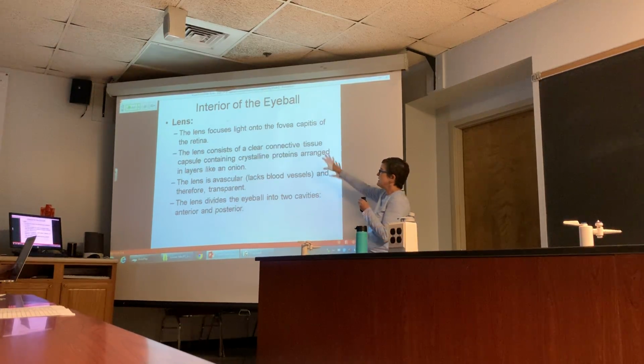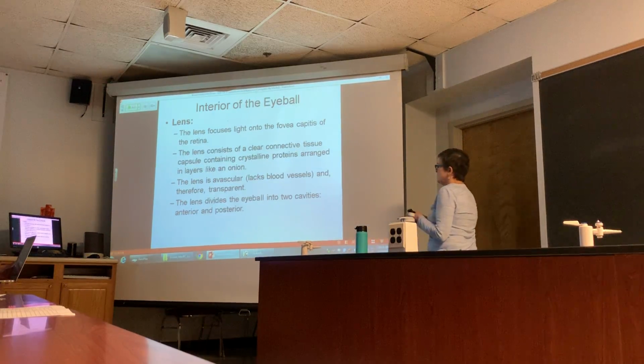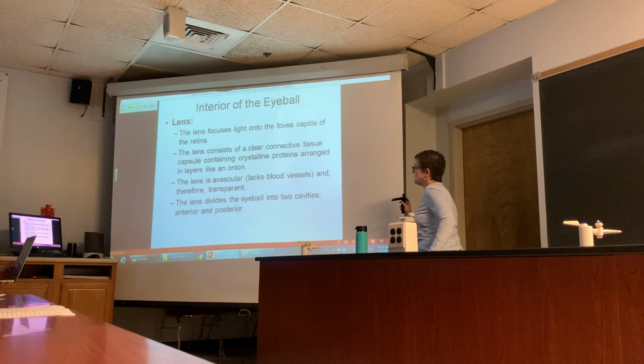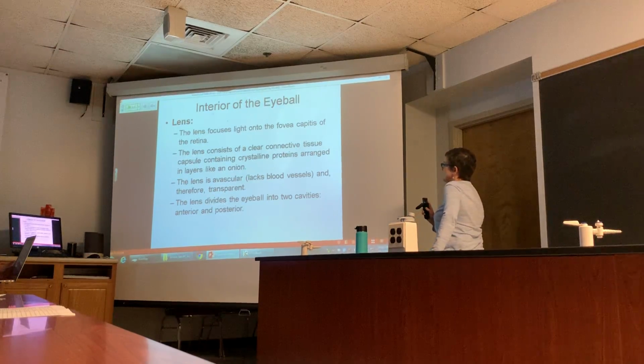But cataracts occur when you start getting oxidation of these proteins and you start getting cloudiness in those proteins. And that's what happens with cataracts. And it makes a cloudy vision. And sometimes people have to have that lens replaced with a new lens. But nowadays, technology is such that they can give you a lens that works better than your old lens. So it's not such a terrible thing if you have to have corrective lens surgery.